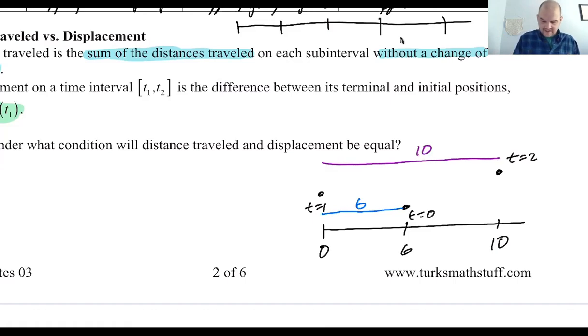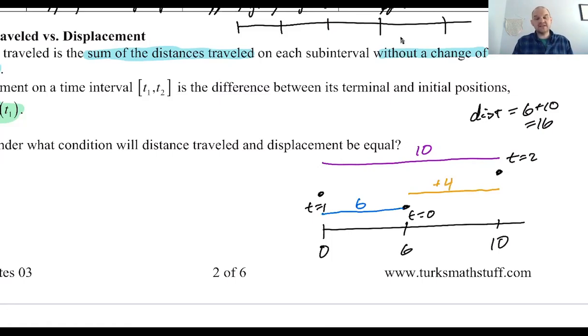So your distance traveled for this example is 6 plus 10, or 16. Your displacement, though, is the difference between where you started and where you stopped. You started at 6 and you stopped at 10. Your displacement is 4, positive 4.